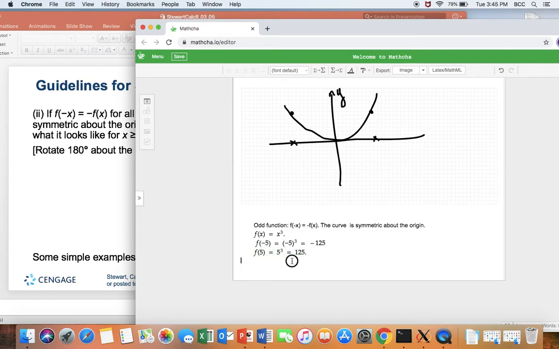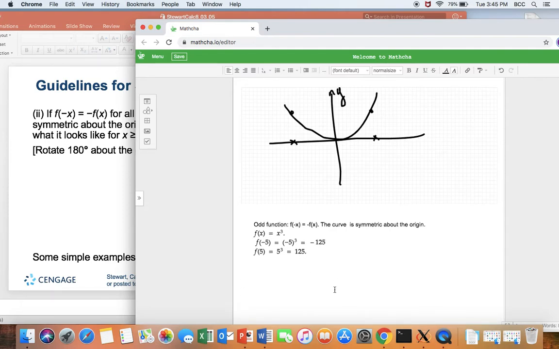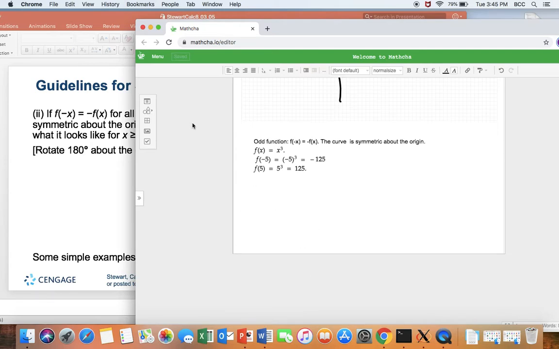In other words, notice when I put a negative inside, it actually came out, correct? So what happens in this case to the graph? Well, let's draw.